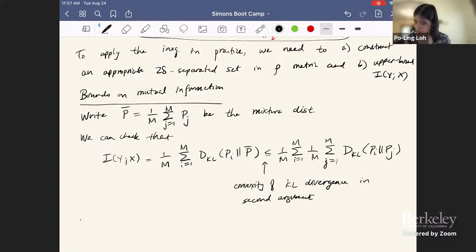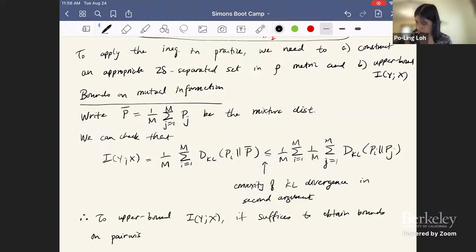Okay, so therefore, to upper bound I of yx, it suffices to obtain bounds on pairwise KL divergences.